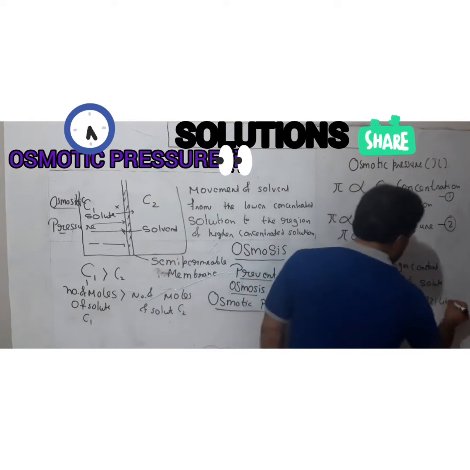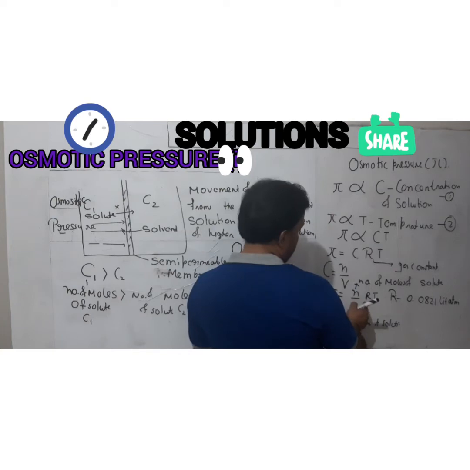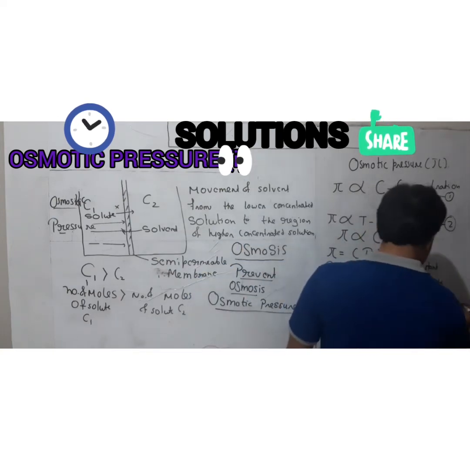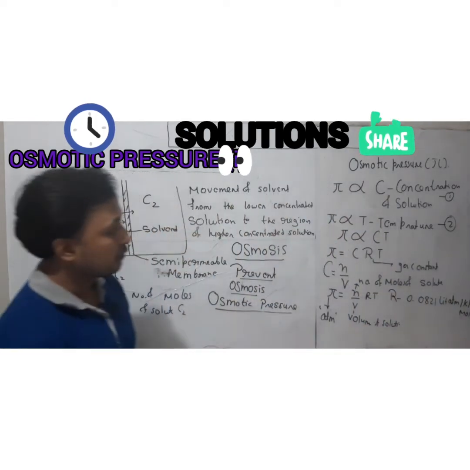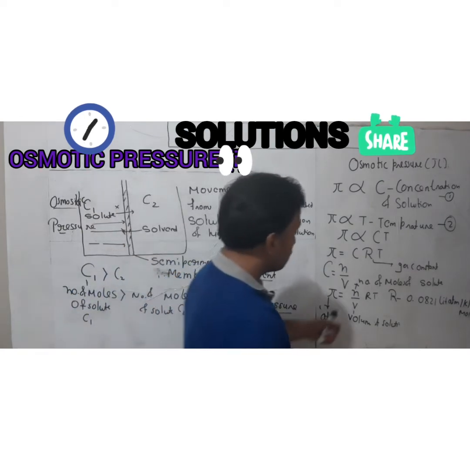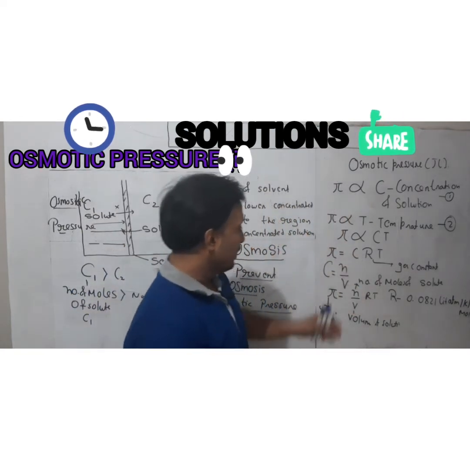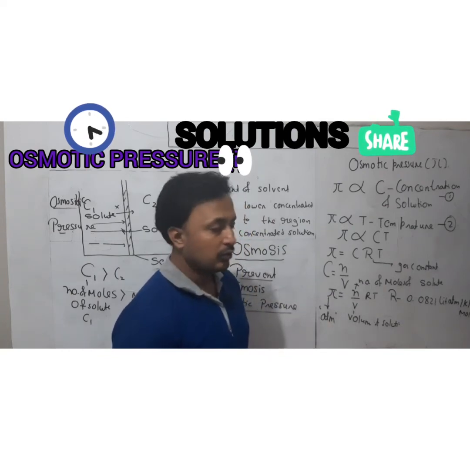So the unit for the gas constant here is liter atm per Kelvin per mole. So that is how you can calculate the osmotic pressure, if you know the concentration of the solution, the temperature value, which should be in Kelvin, and the volume of the solution, and the number of moles of the solute added, that is also the concentration.